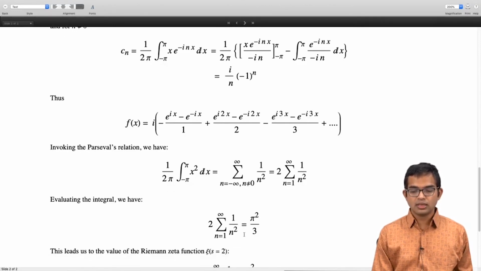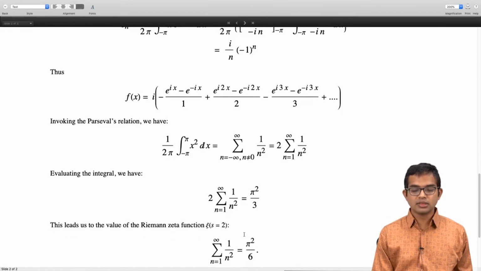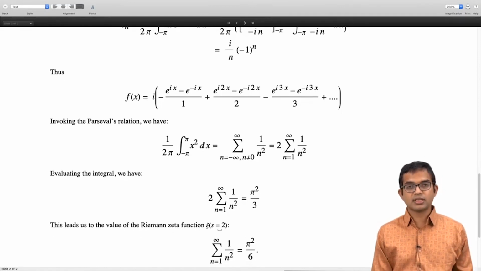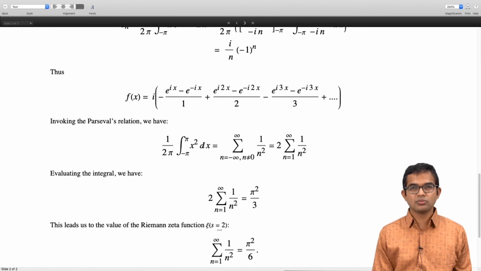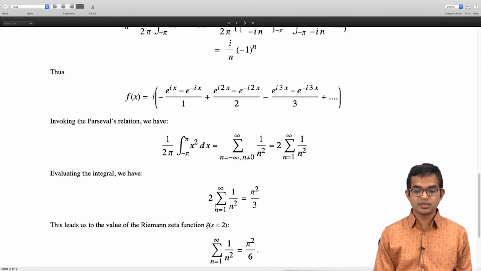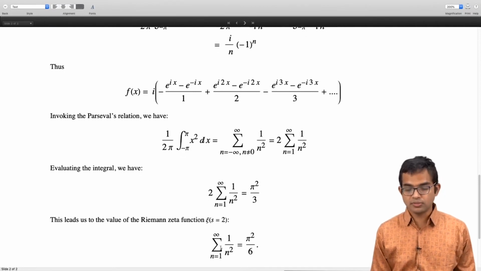In fact, what we have found is the value of the Riemann zeta function at s equal to 2. You might be familiar with the Riemann zeta function, defined as the summation over n from 1 to infinity of 1 over n to the s. If you put s equal to 2, we have managed to show that this is equal to pi squared by 6.